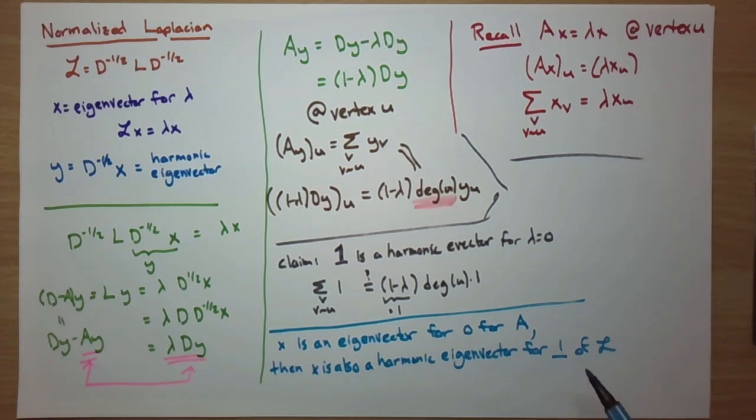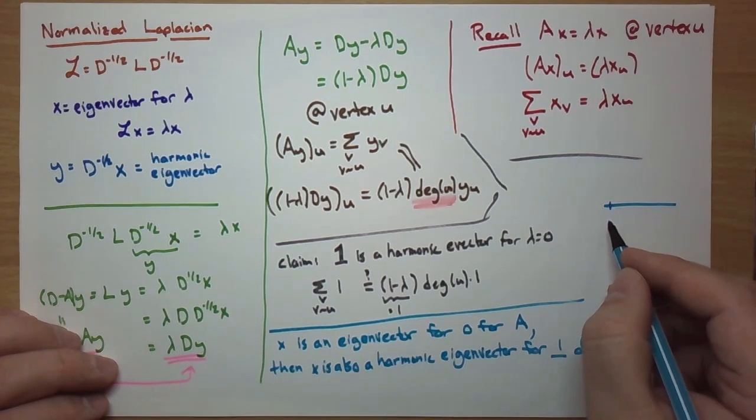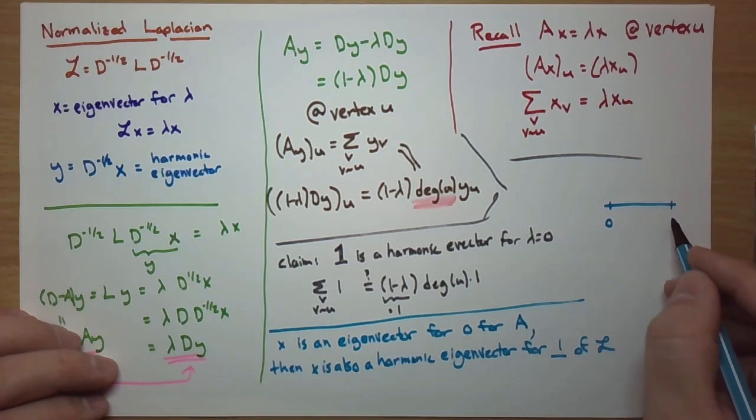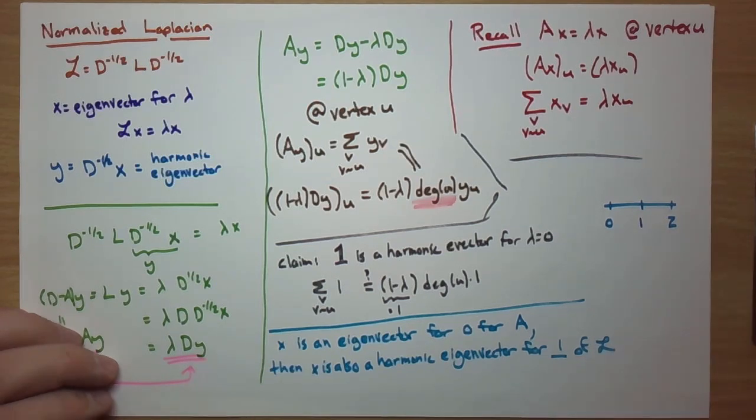And moreover, you can show that the multiplicities are the same. Now, you can, roughly speaking, say the following. I'm not going to try to justify this, but we've talked about how the eigenvalues go between 0 and 2. And so here we have this eigenvalue of 1.